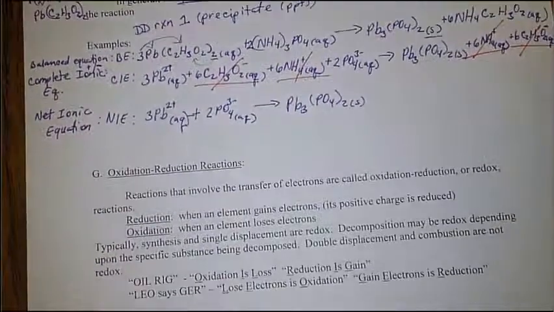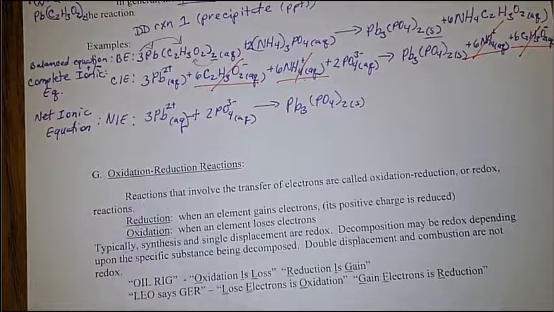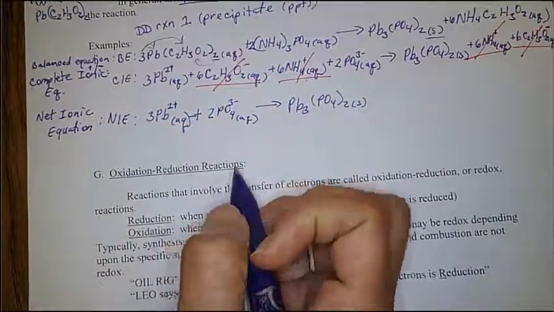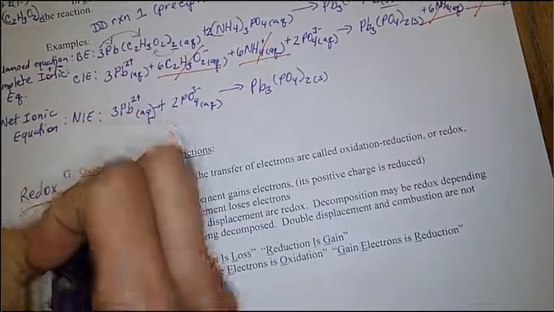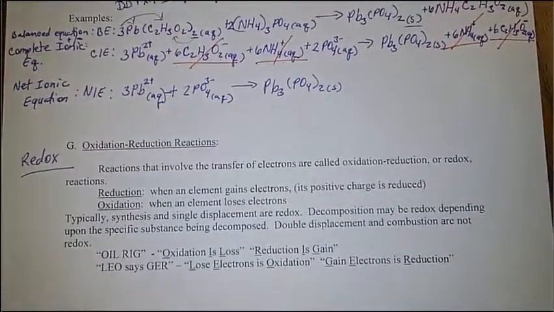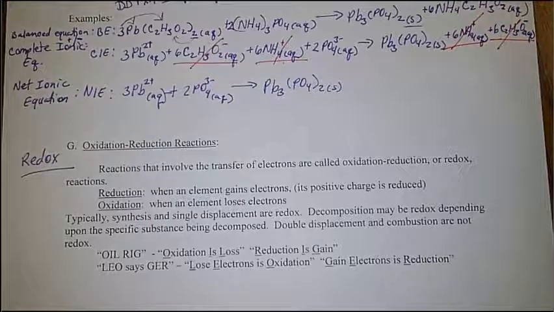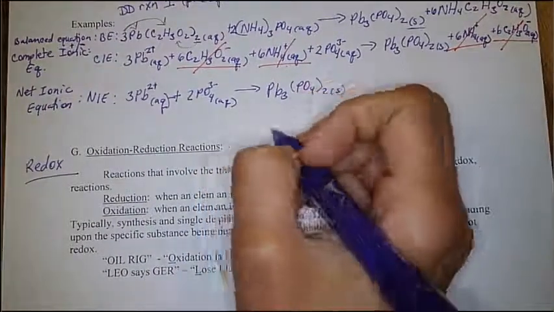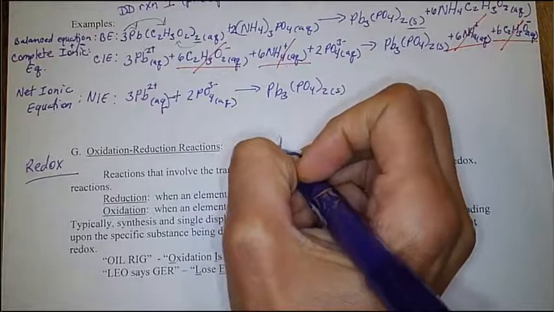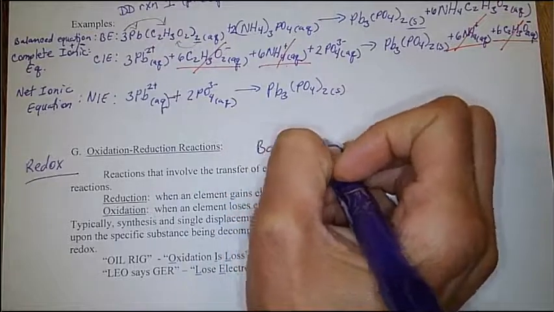Let's go ahead and talk about oxidation-reduction equations. First of all, oxidation-reduction reactions are also called redox. In this case, we just want to know where those electrons are moving, where they're coming from, and where they are going. The most common form of this is when we are talking about batteries.